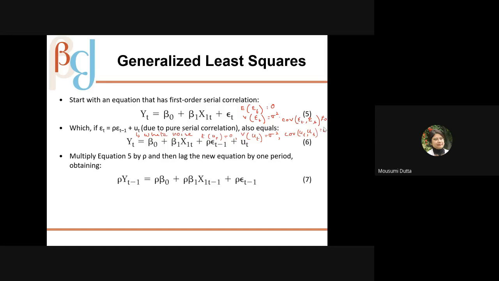For this, the expectation is 0, the variance is constant, and the covariance between two errors is also equal to 0. So it is a white noise.